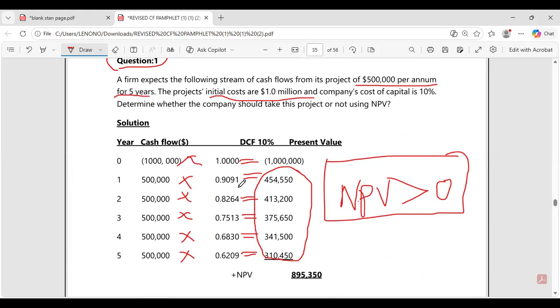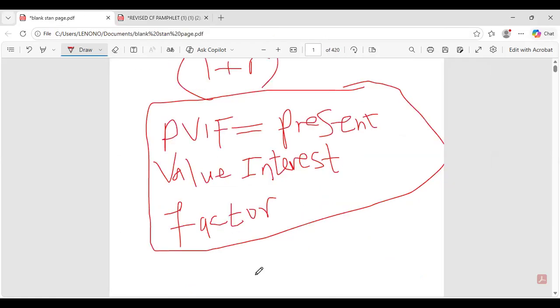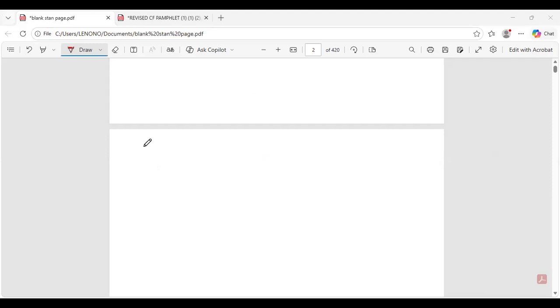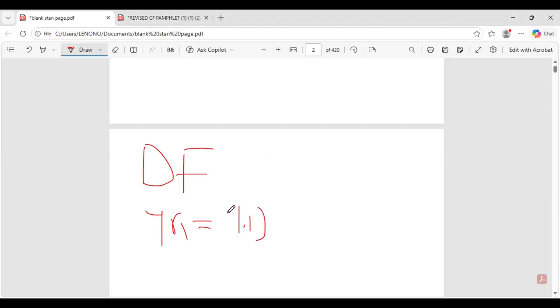You know where the discount factors were coming from? This one, the 0.90. We are using the 10%. So for year one, our discount factor is 1.1 to the power negative 1.